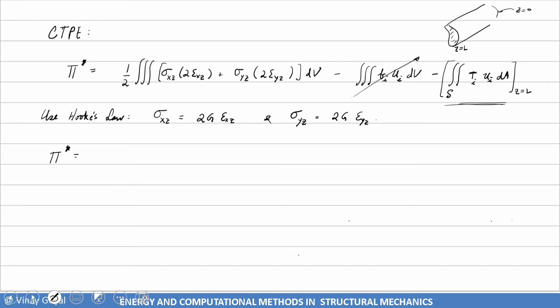Pi star now becomes 1/2 triple integral, and then I have the G, which I can factor out. Why not? And pi star has to be in terms of stresses, right? The complementary version. Sigma xz squared plus sigma yz squared.